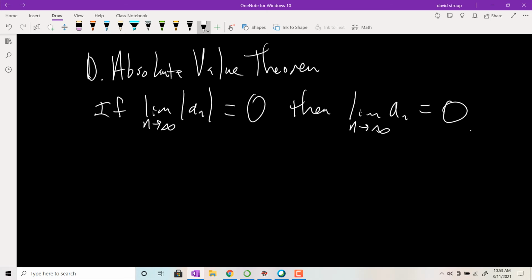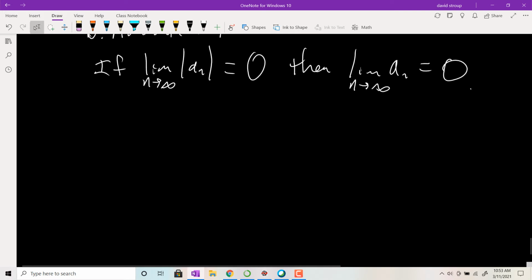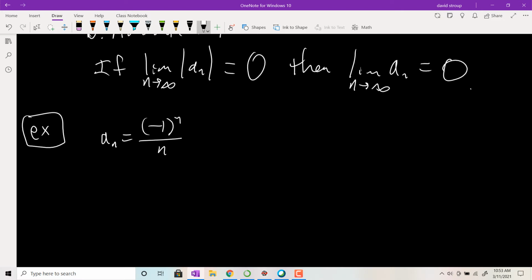One thing to note is how absolute values affect these negative 1 to the n things. Let's look at a sub n equals negative 1 to the n all over n.